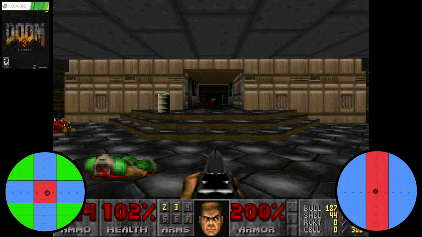Alright, so we're here in the Doom BFG Edition on the 360, and as you can see, this is an updated port, so we have better resolution here. But otherwise, the dead zones, curve and sensitivity are pretty much identical to the Xbox version.